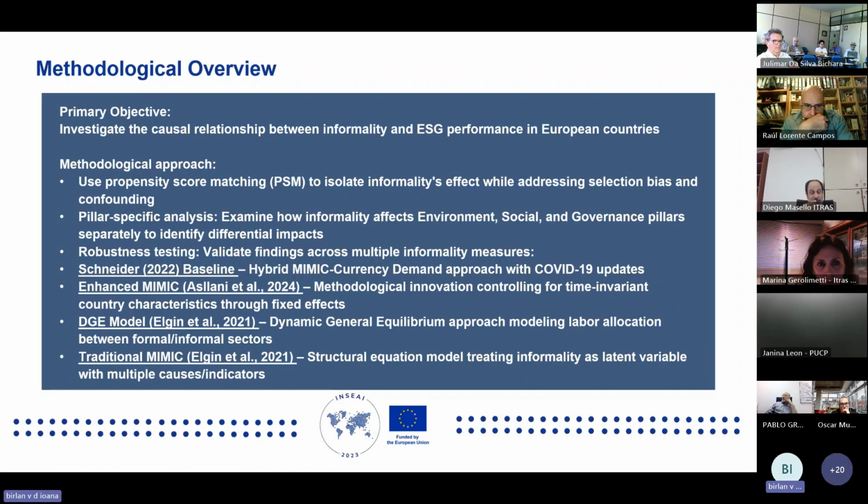Our baseline was from Professor Schneider's 2022 article where he used the hybrid MIMIC currency demand approach with COVID-19 updates. Then we compared to Professor Aslani's, Delano's, and Schneider's 2024 article where they enhanced the MIMIC approach through fixed effects. And we compared with the dynamic general equilibrium model and the traditional MIMIC approach.